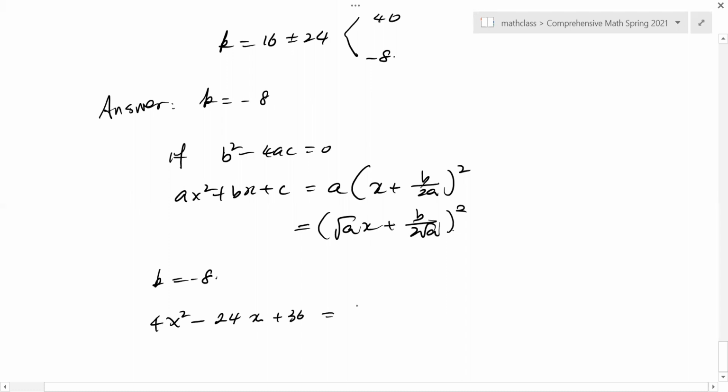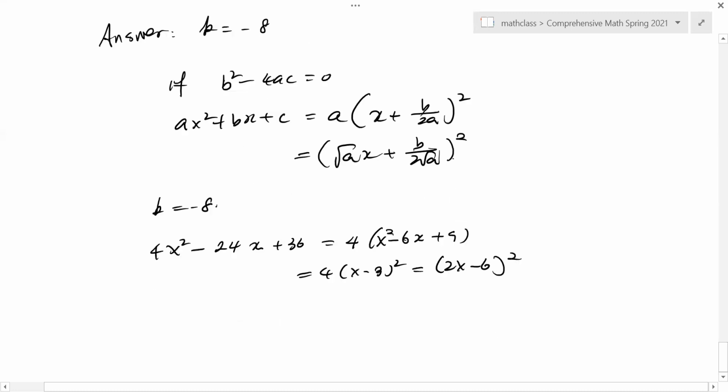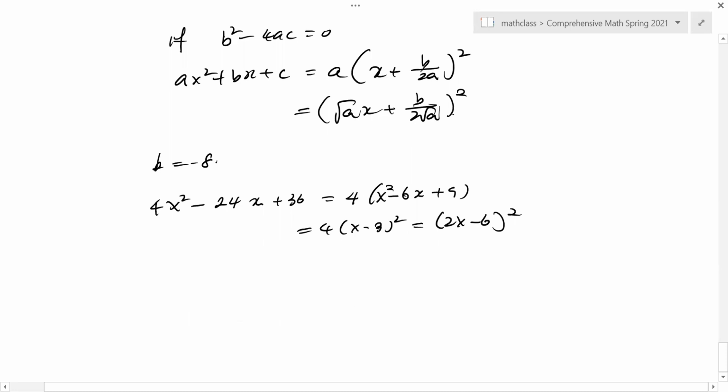Okay. So this will be a perfect square. If you take a 4 out, it's x squared minus 6x plus 9. Okay. So it is 4 times x minus 3 squared. You can move it inside: 2x minus 6 squared. Okay, it's a perfect square. Okay, great. So we double check, right? It's a perfect square.